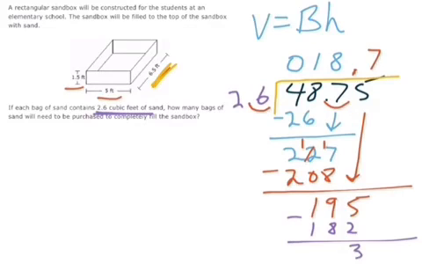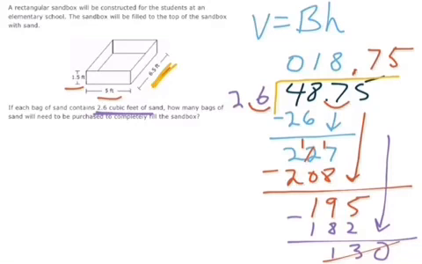I get 3 here. I get 1 there. And what can I bring down? Well, basically got a 0 to bring down, and I need to figure out what 130 divided by 26 is. It actually goes in evenly. It goes in 5 times evenly, and you get 130.